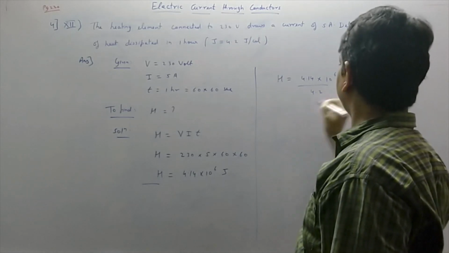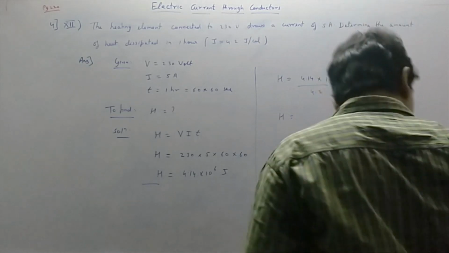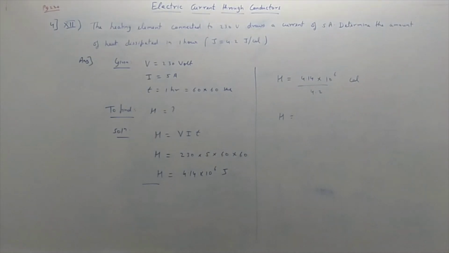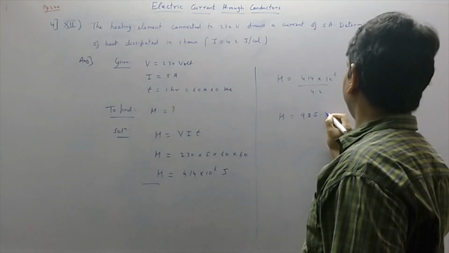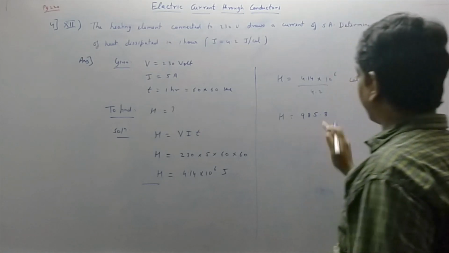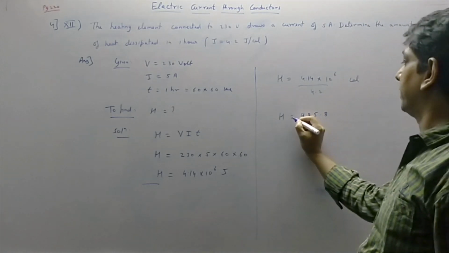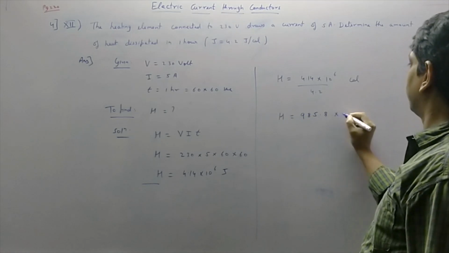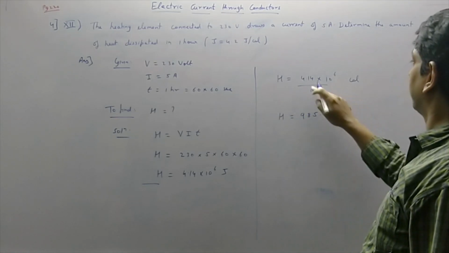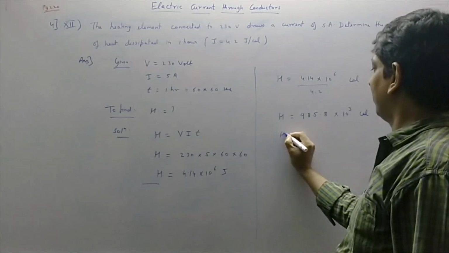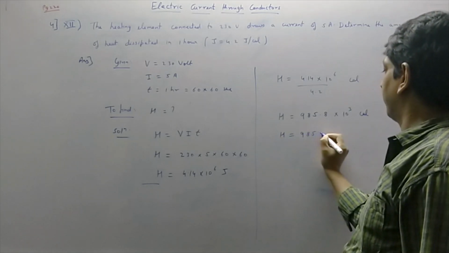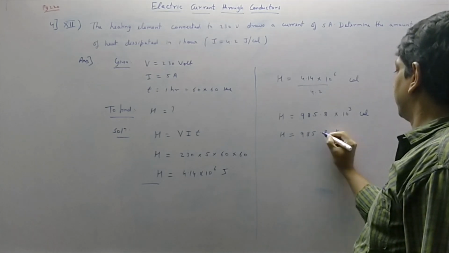We get approximately 985.8 into 10 raised to 3 calorie. So we can write it in kilocalorie as 985.8.